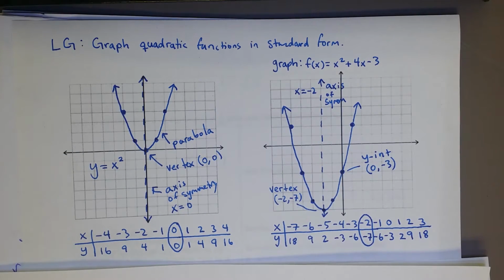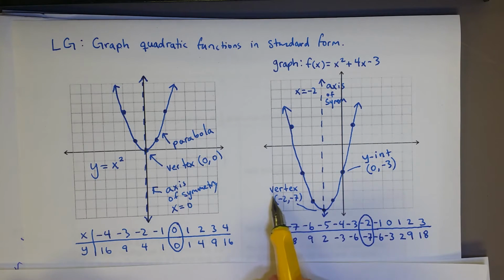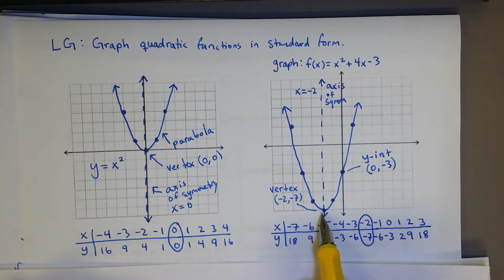Okay, so let's see how you did. We've got the vertex labeled here as (-2, -7). This was the point that we had identified in our table.